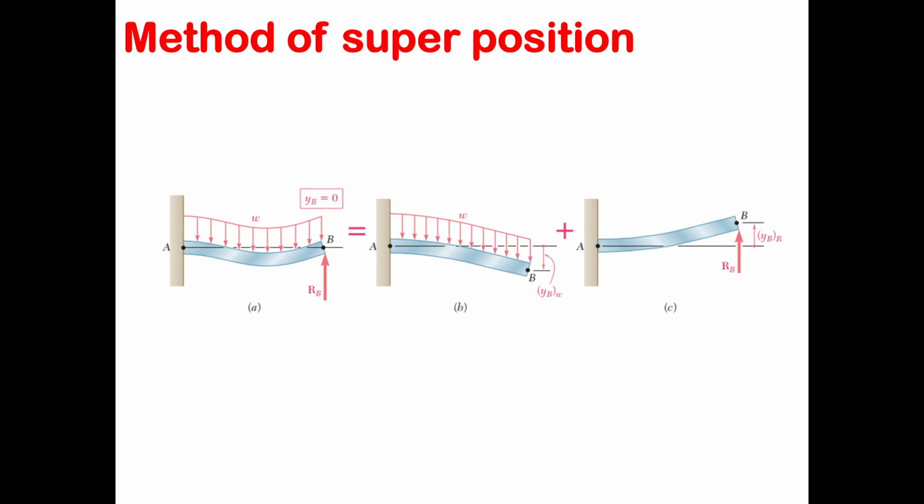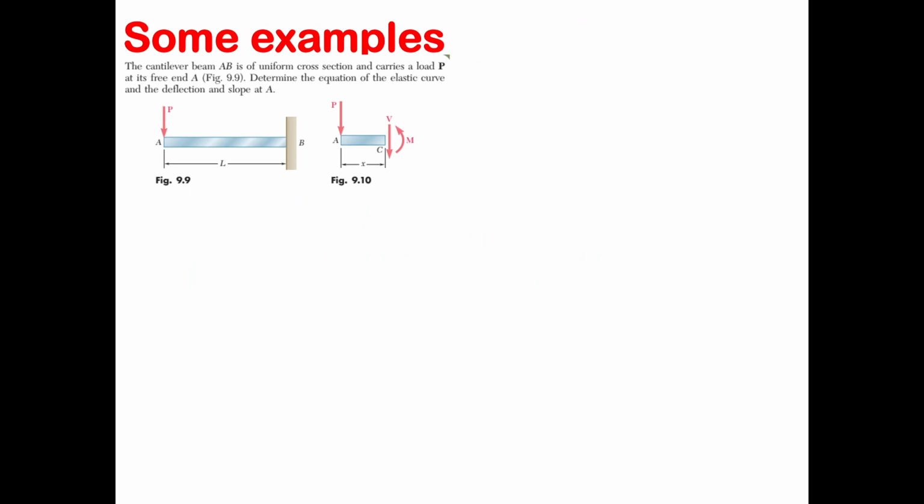So let's have an example. Let's try to solve this example, which is an example from the Mechanics of Solids book. Right, this is telling us a cantilever beam AB is of uniform cross section and carries a load P at its free end A. Determine the equation of the elastic curve.